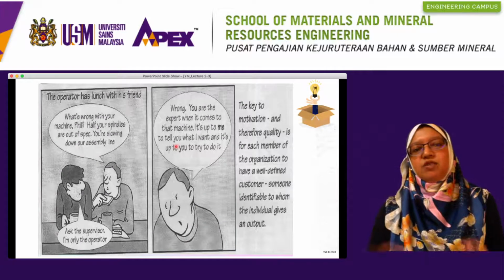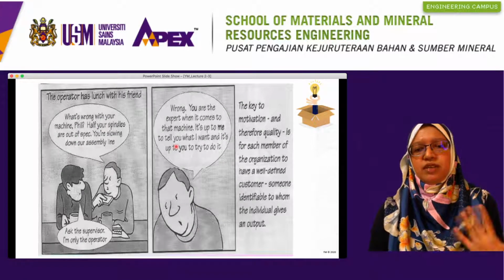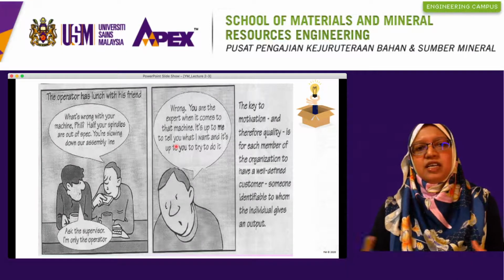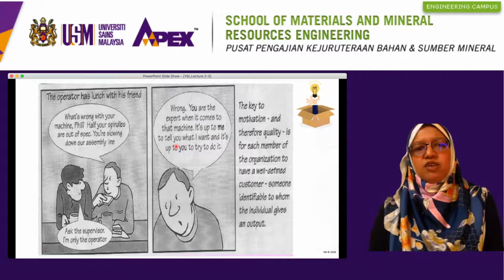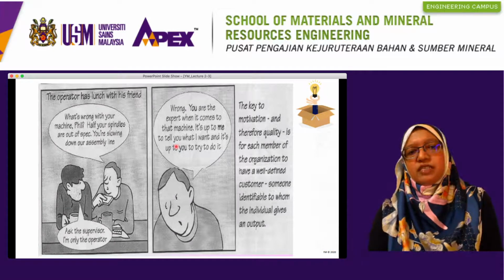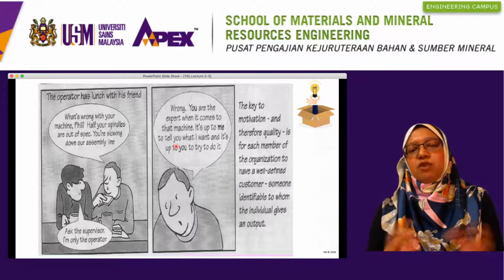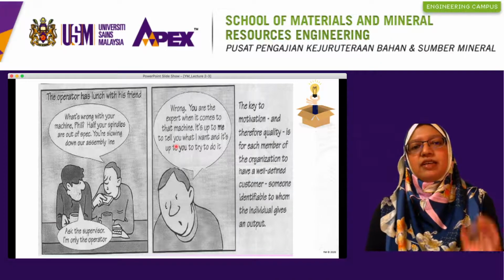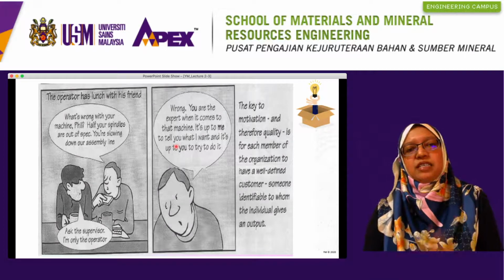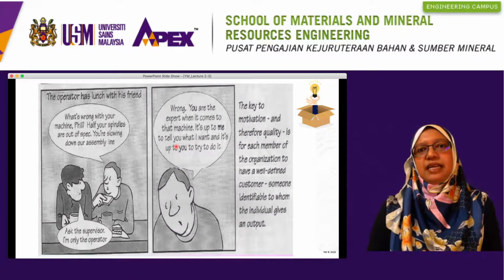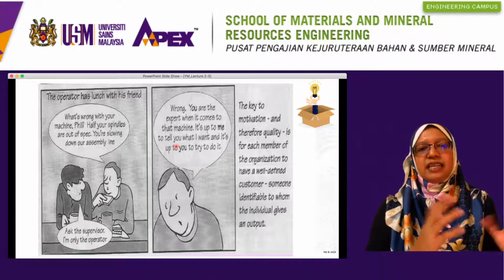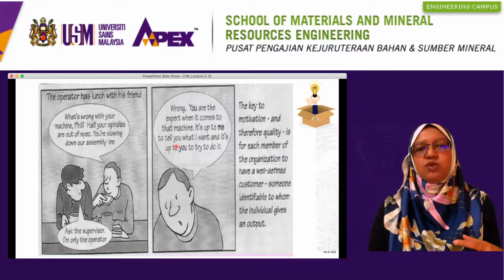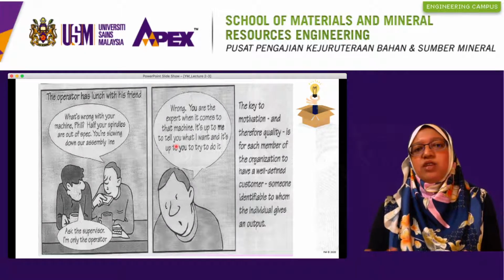So when he was having lunch with his friend, who works in another department, the assembly line, his friend asked, "Hey, what's wrong with your machine, Phil? Half of your spindles are out of spec." That means the product from his department is out of spec, not good quality. "And this affects the assembly line. You are slowing down our assembly line." So because of his lack of motivation, he doesn't even bother to think about what to improve, although he knows there's a problem.